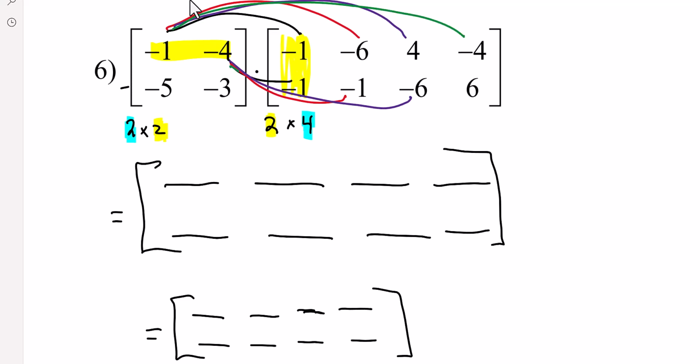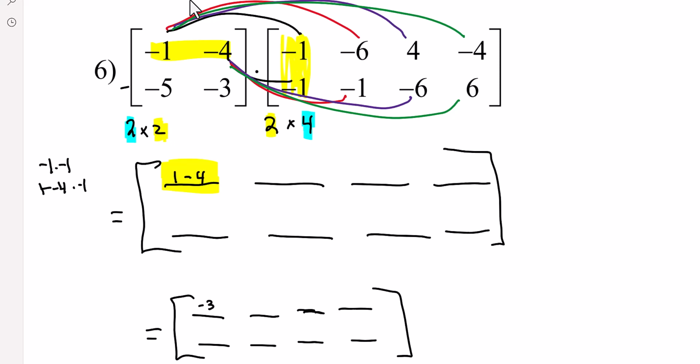Those two multiply, then those two multiply. And then the result, you add those two together. So for this one, right here, we have -1 times -1 plus -4 times -1.